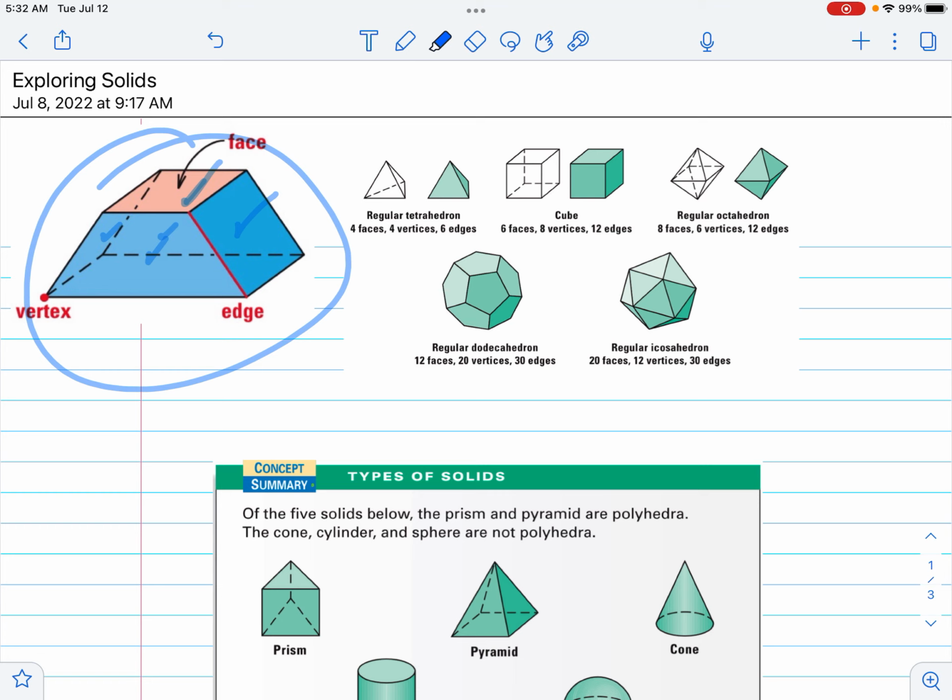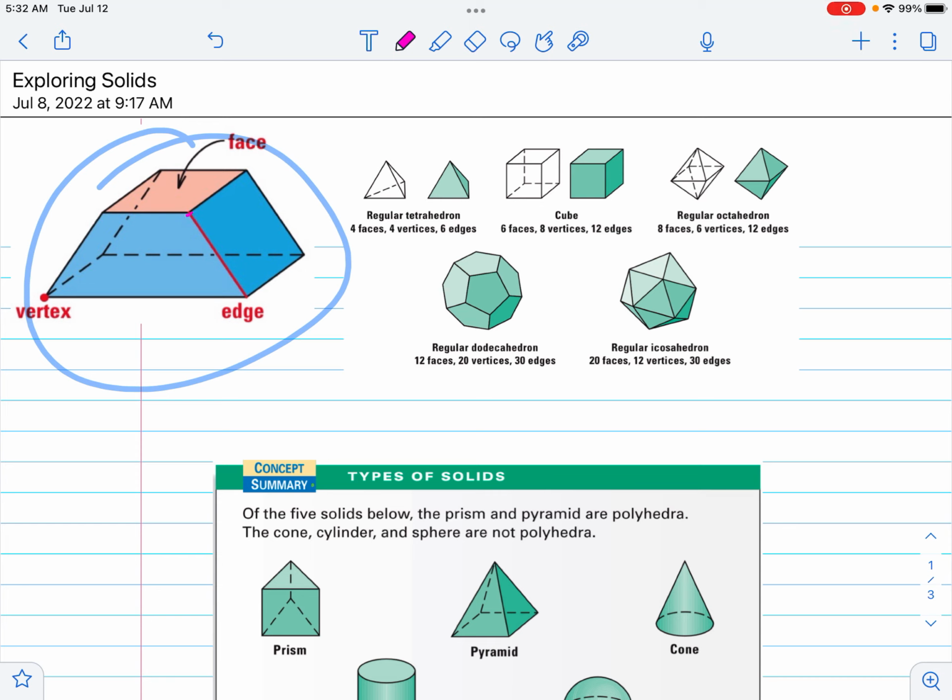You can have a variety of polygons, but this one is formed of quadrilaterals, and each quadrilateral is called a face. So you see these faces that come together to form this polyhedron.